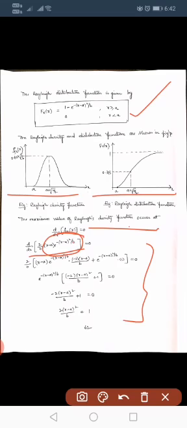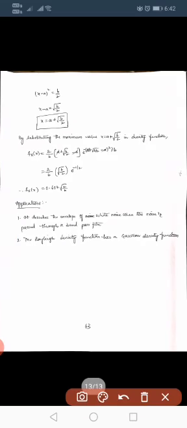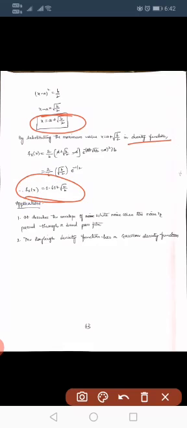After solving, we get x equal to a plus root of b by 2. Substitute this x value in the density function, and we get fx of x equal to 0.607 into root of 2 by b. This is the maximum value of the density function.